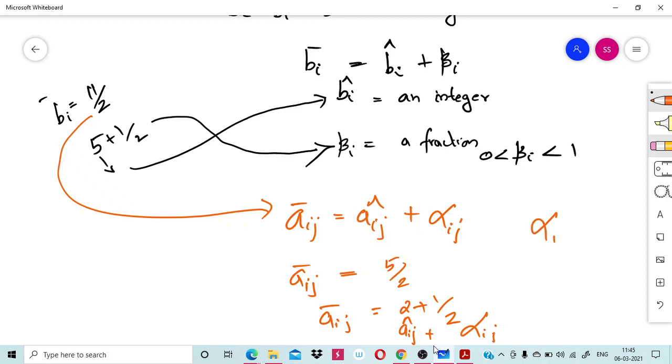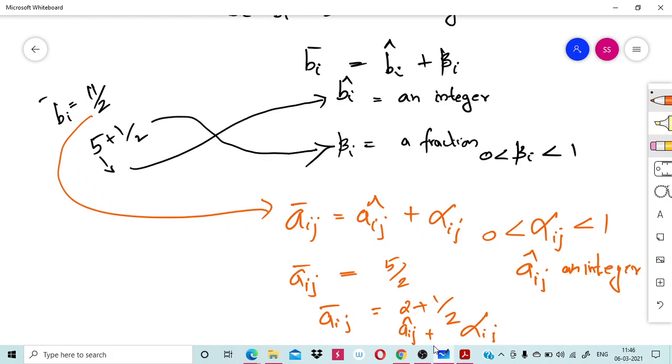So alpha ij will be greater than 0 and less than 1, like our beta I, and this aij cap will be an integer. Yes. Okay, so we define these two, and what is our aim?